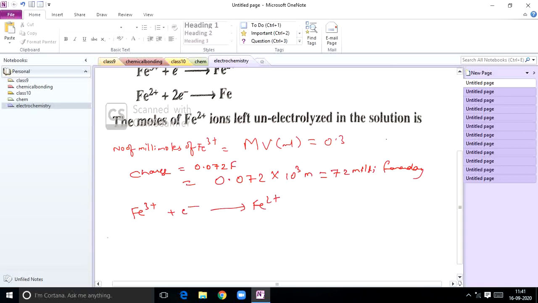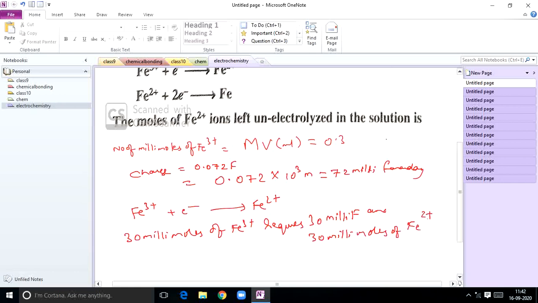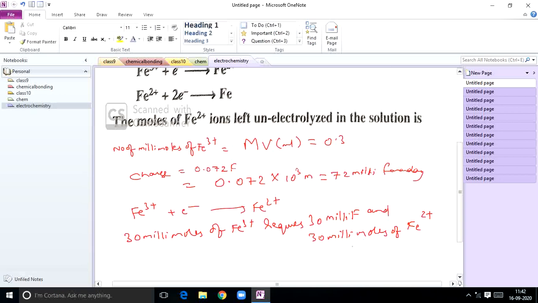So from this equation, we can write 30 millimoles of Fe3+ requires 30 millifarad and 30 millimoles of Fe2+. If you take 30 millimoles of Fe3+, the product will be 30 millimoles of Fe2+ formed.